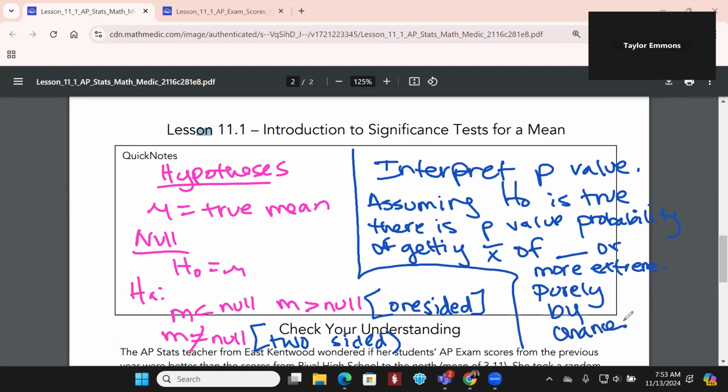Now, when we talk about conclusions, we've already talked about this. If the p-value is less than your alpha, we reject that null, and then we do have convincing evidence. If we fail to reject the null, then we do not have convincing evidence. Alpha is normally 0.05 unless stated otherwise.